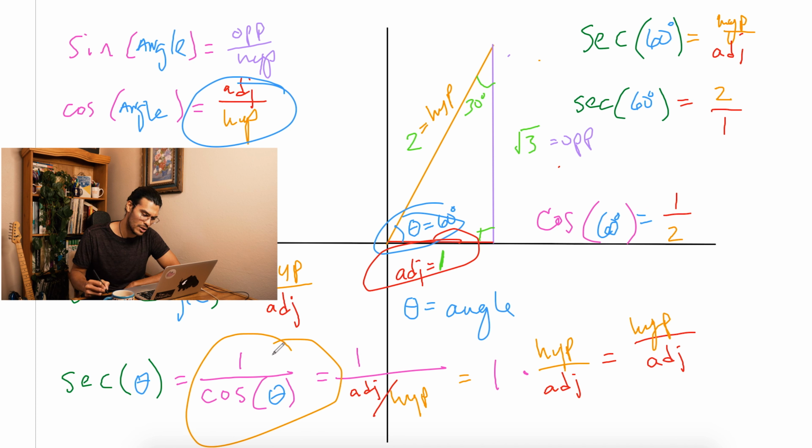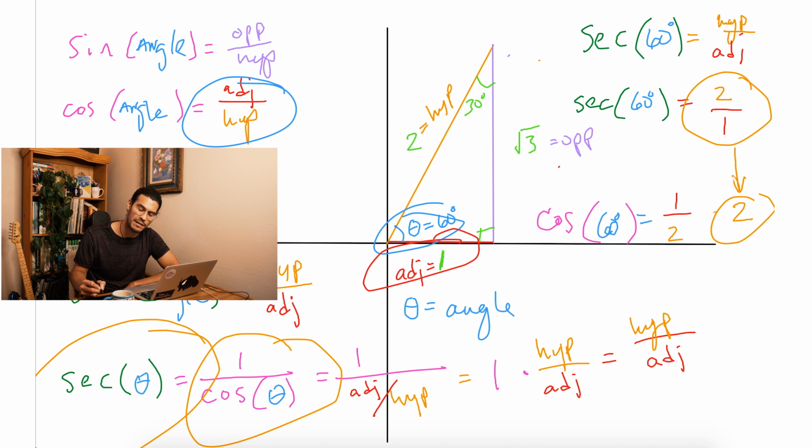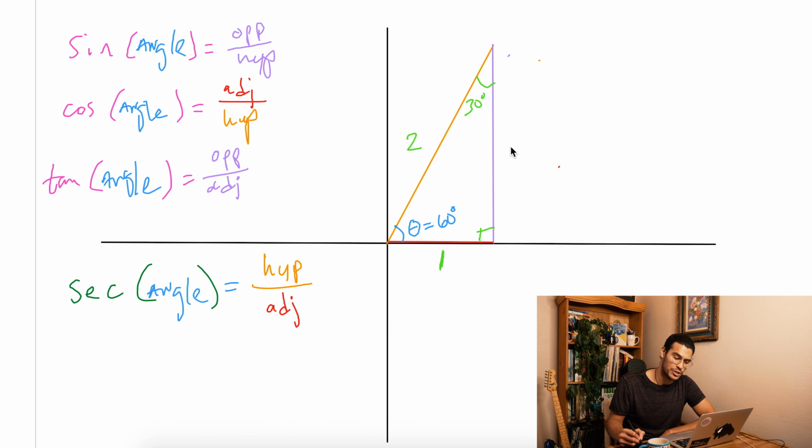And then look down here and said, oh, secant is 1 over that cosine. So 1 over 1/2 is like 1 times 2 over 1, and we would have just gotten 2, right? And then 2 over 1 and 2 give us the same thing. Cool? So these are our relationships. Secant is hypotenuse over adjacent.